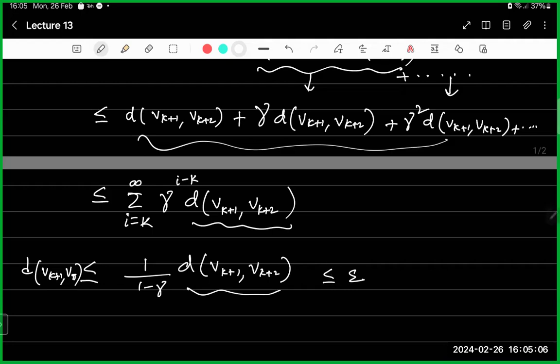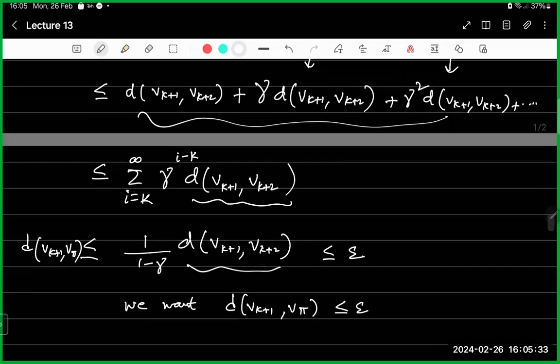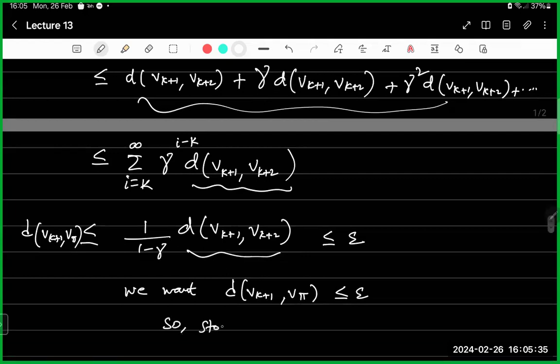You just compute vk plus 2 and see whether the distance between them is less than or equal to epsilon into 1 minus gamma, right? We want d of vk plus 1 comma v pi to be less than or equal to epsilon. So stop when d of vk plus 1 comma vk plus 2 is less than or equal to epsilon into 1 minus gamma.